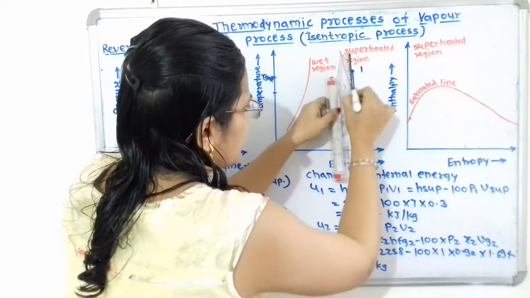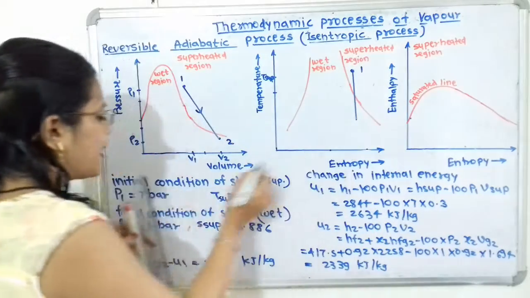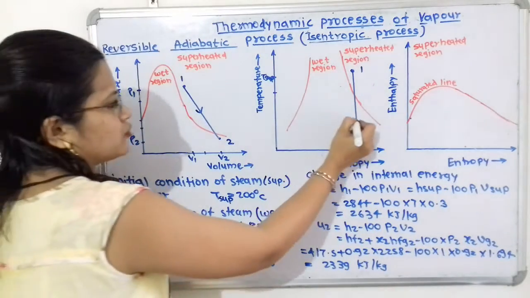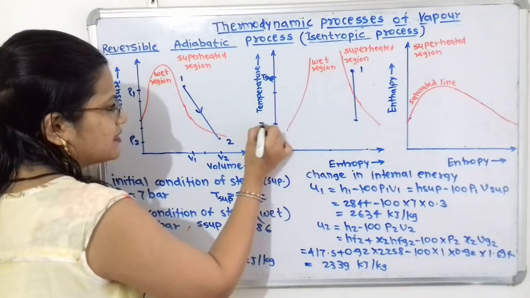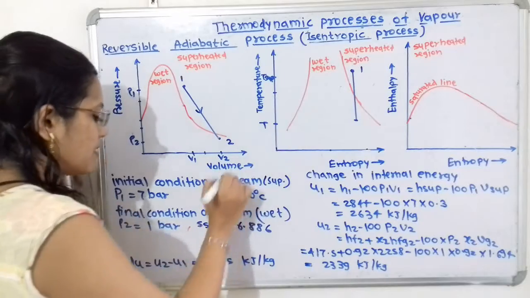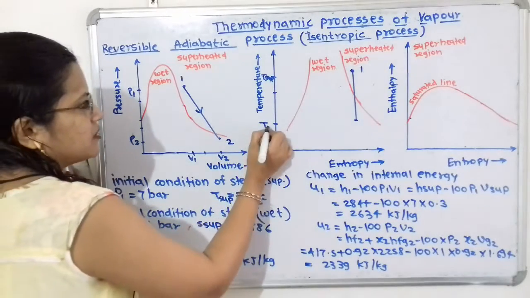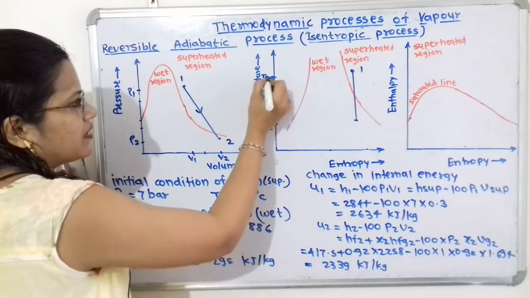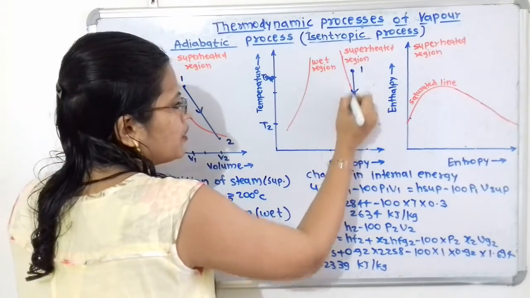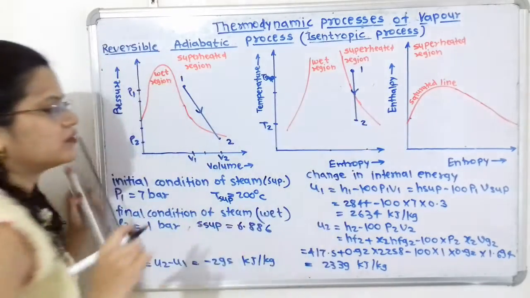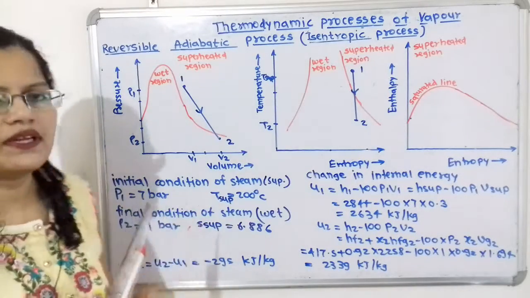So I will show here the straight vertical line, and for the wet steam the saturated temperature is 99, that is approximately 100 degrees Celsius. So that is the final condition, T1 and T2, and here T1 is equal to T superheated, and I will show an arrow also. So here is the process on the temperature-entropy diagram.